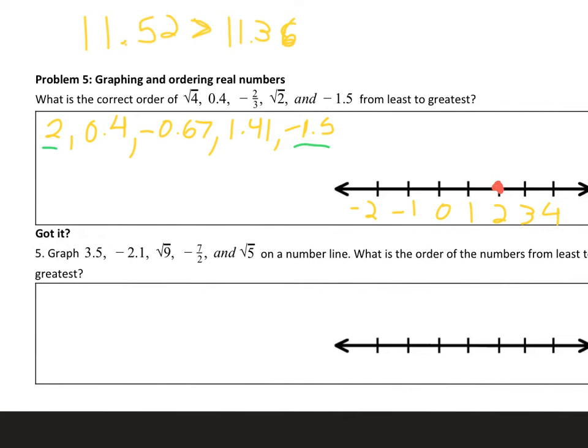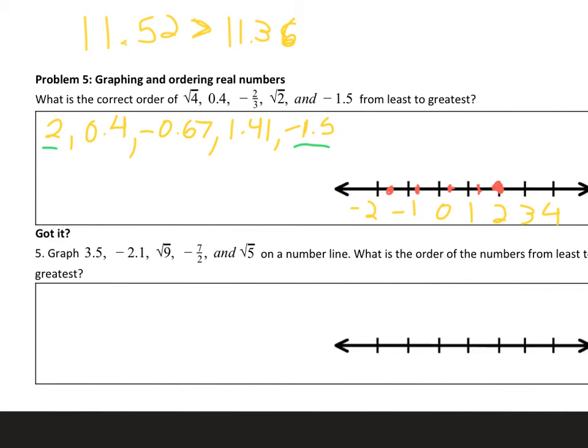0.4, that's between 0 and 1, maybe a little bit less than halfway. Negative 0.67 is between 0 and negative 1, a little bit more than halfway. 1.41 is between 1 and 2, a little bit less than halfway, and then negative 1.5 is smack dab halfway between negative 1 and negative 2.